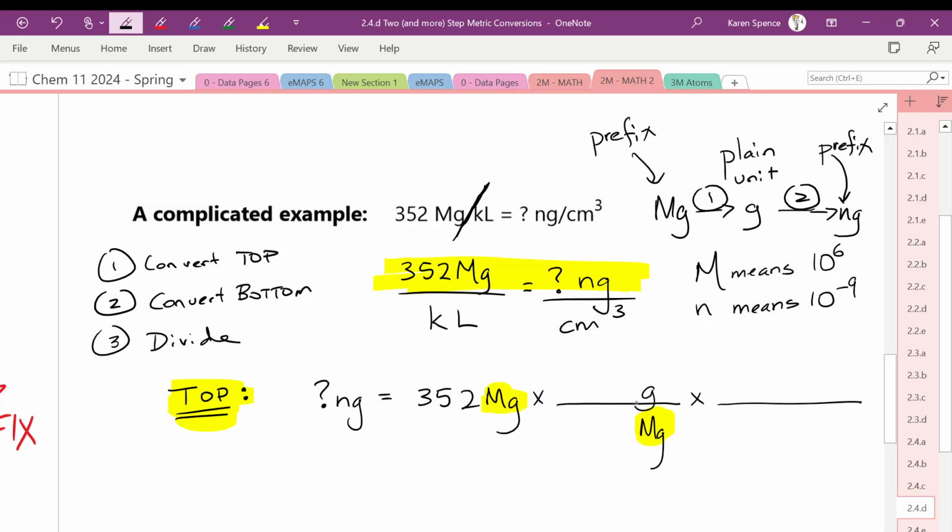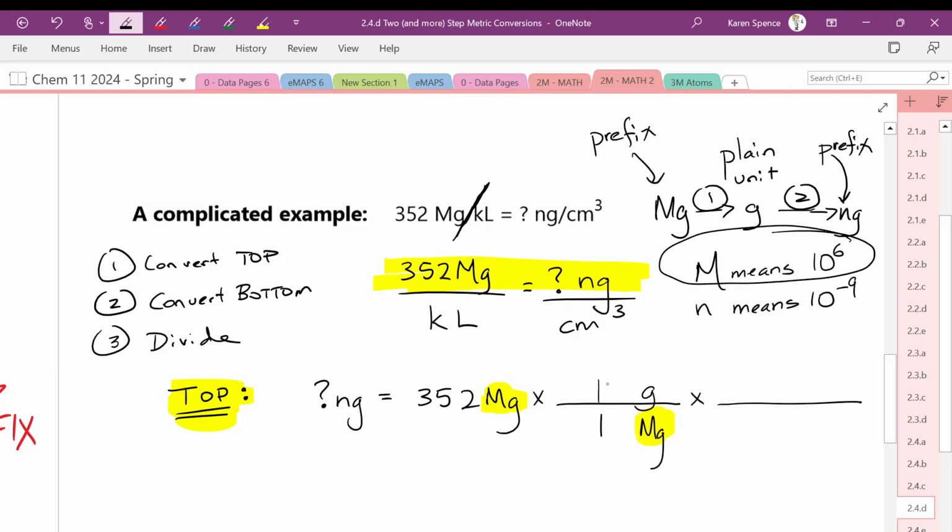Now, when you're doing metric conversions, think, where do I put the number 1? The 1 goes with the prefix. So does it go with grams or does it go with megagrams? Megagrams. And that means what number goes with grams? Mega means 10 to the 6.